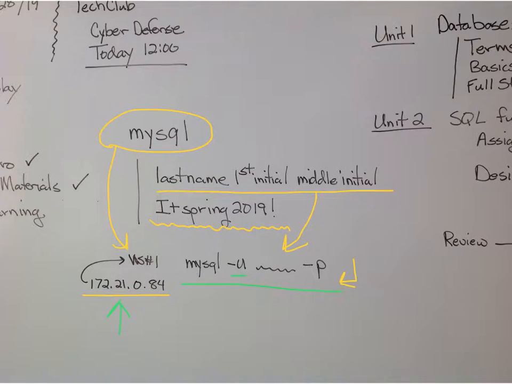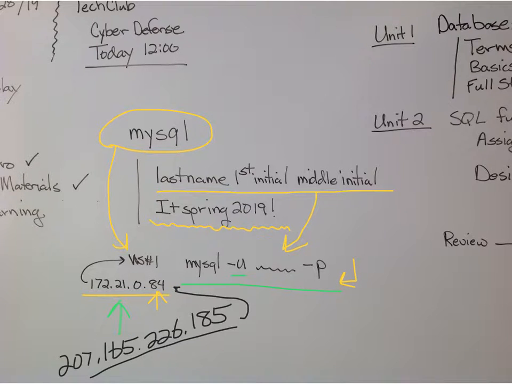Now remember, you can't log directly into here, so if I was to give an example, you would log into 207.165.226.185, and then from there you can SSH there.